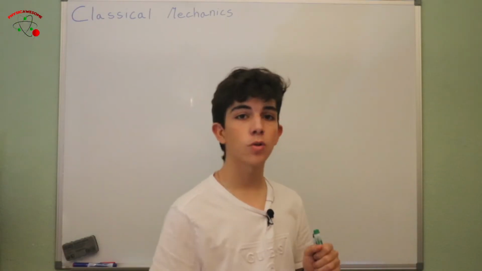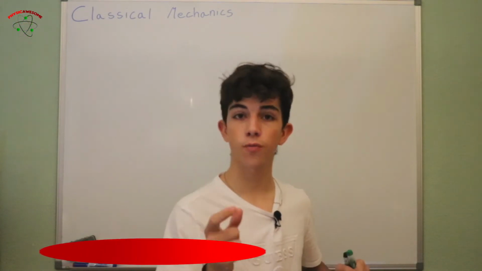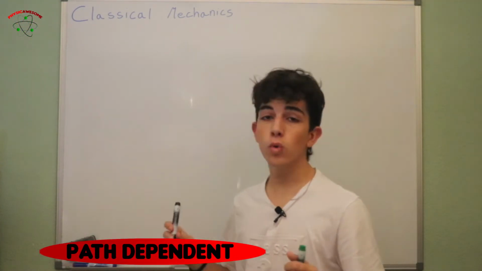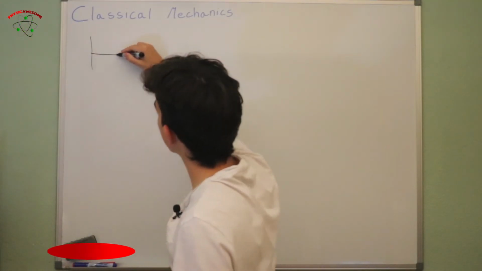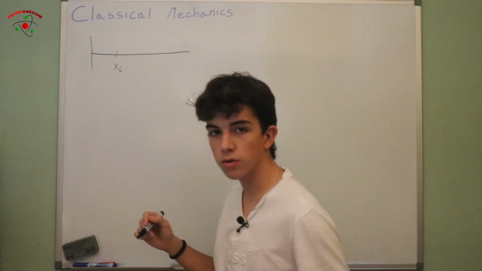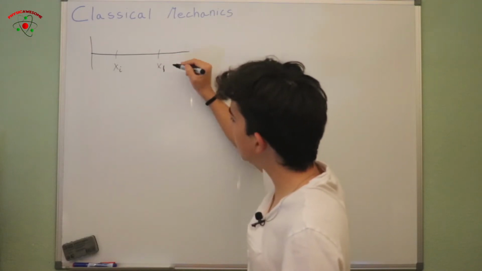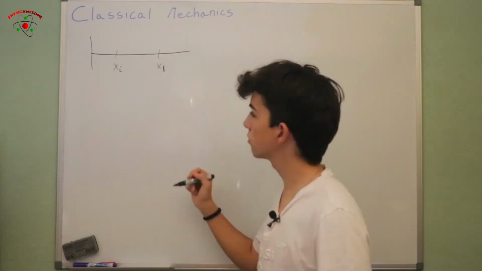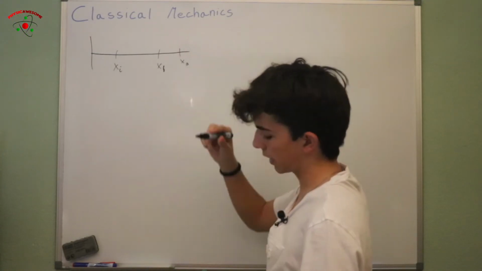Now, let's try to understand path dependence and non-conservative forces with friction. Once again, we're going to set up our system. We're going to have an initial x we're going to start from, and a final x we're going to go to. And we are going to have this extra point xa.